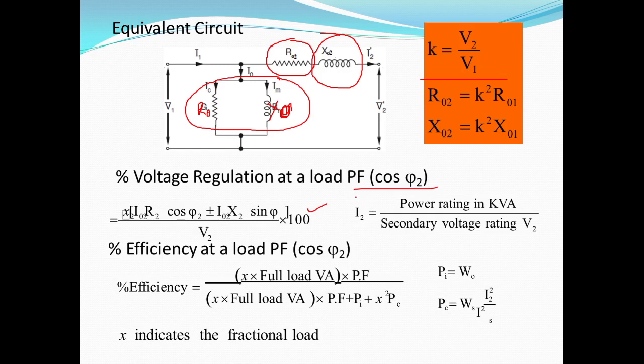I2 is determined with the formula I2 equals power rating in volt ampere upon the secondary voltage V2. The percentage efficiency at load power factor cos phi 2 is written as x into full load volt ampere rating into power factor, upon x into full load volt ampere rating into power factor plus iron losses plus x square into copper losses. Here x indicates the fraction of the load.